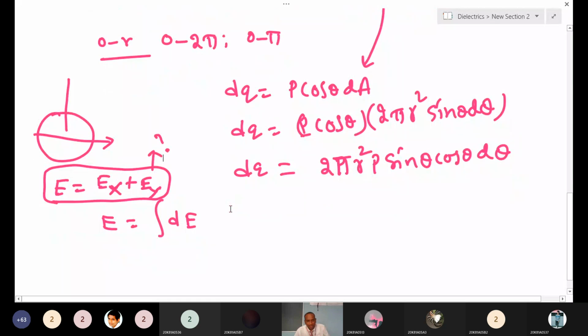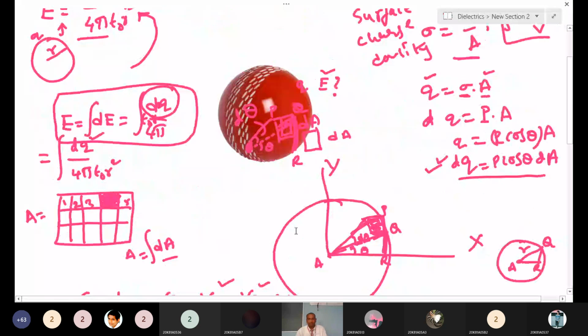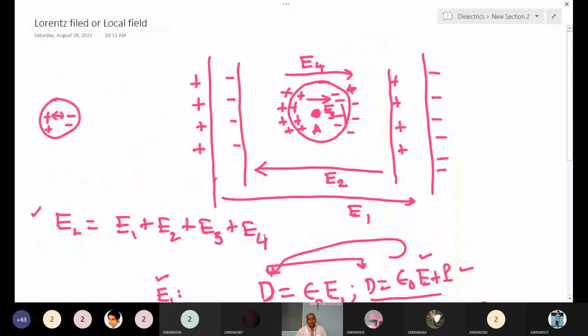What is the electric field along the y direction? In this diagram, please tell me.